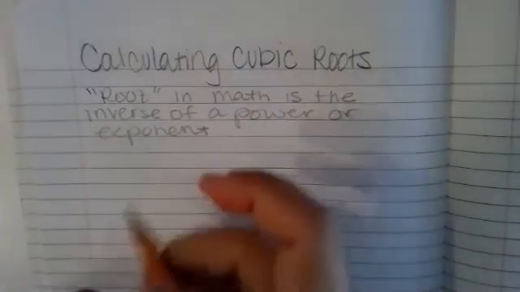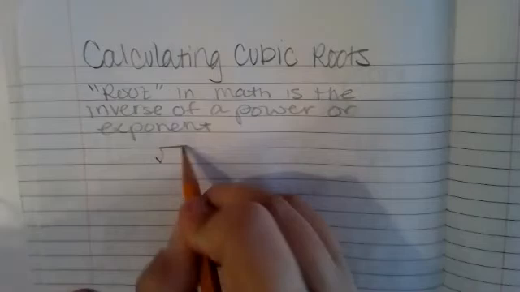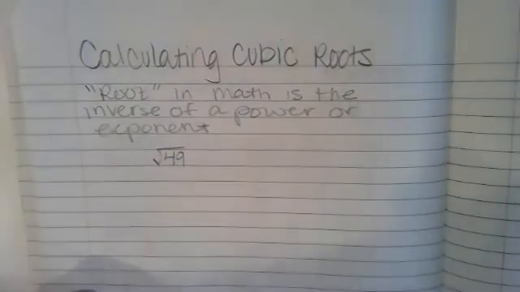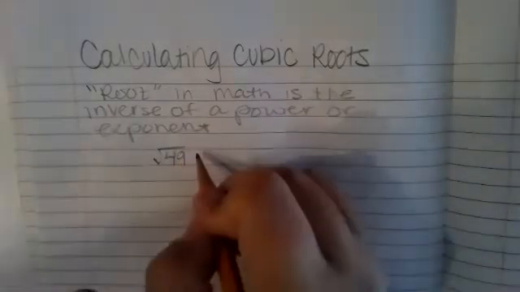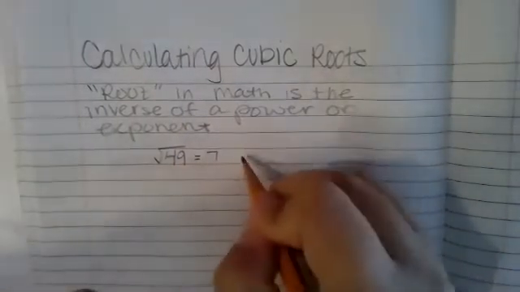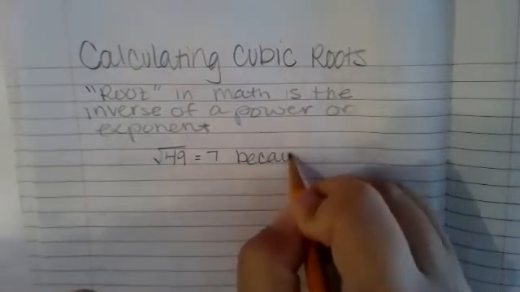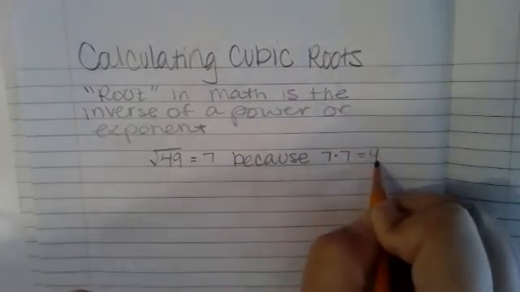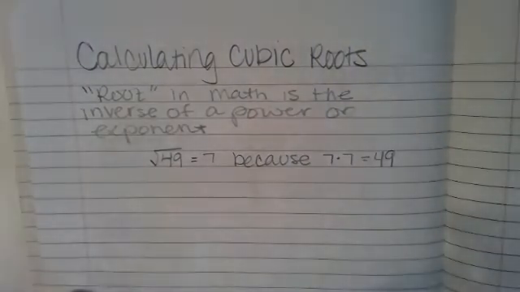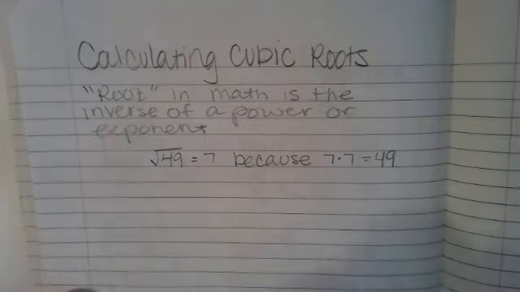So what we just talked about was this here, which reads the square root of 49. So again, what two numbers multiply together to make 49? So this would be equal to 7 because 7 times 7 equals 49. Okay.